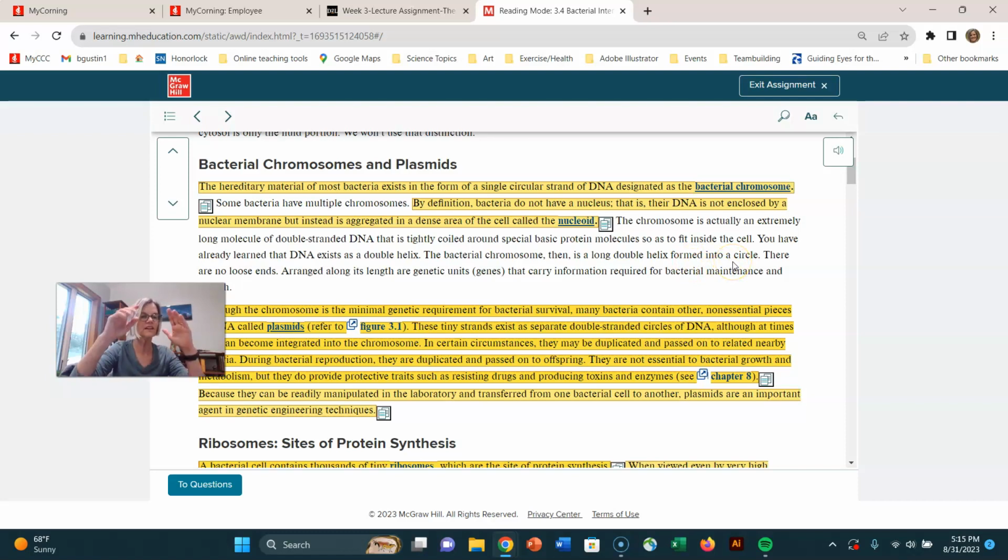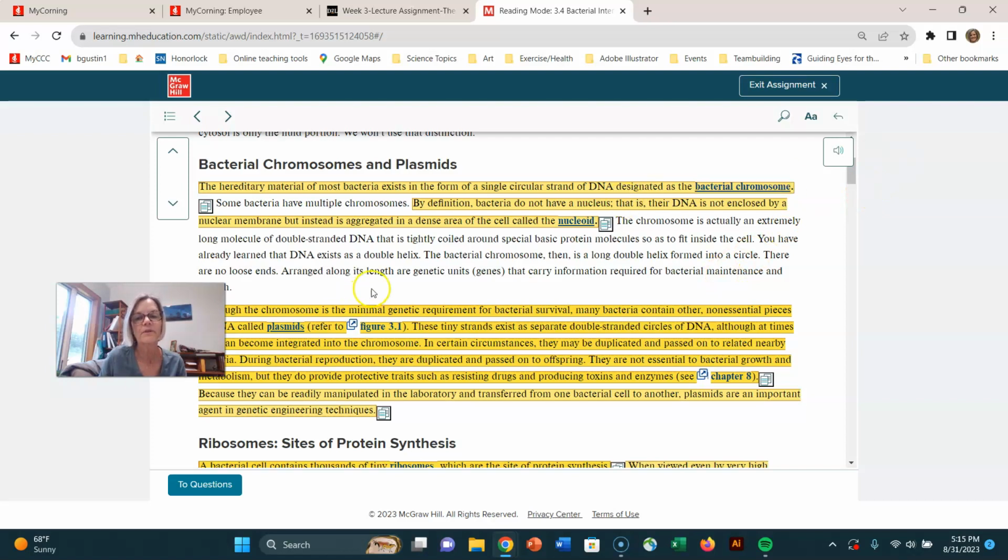So instead of having many linear pieces of DNA, a bacterial cell has just one circular piece of DNA. When you looked at that picture in section 3.1, it looked kind of tangled. That's because this circular piece of DNA has to be folded up and squished to fit inside of the cell, so it doesn't necessarily look like a circle in that diagram.